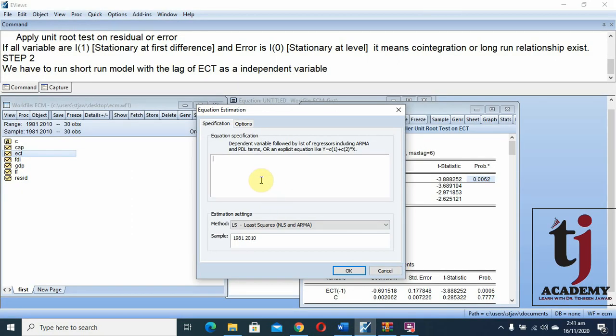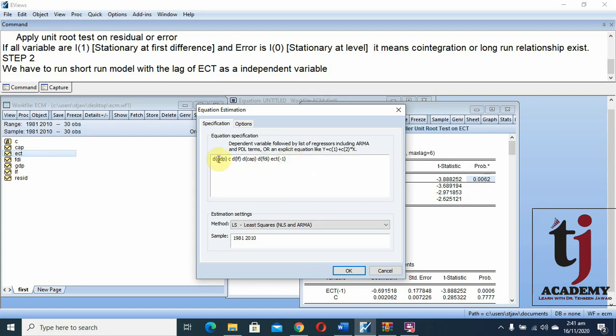So the dependent variable is GDP, so we have to write here d GDP. D shows the change. Constant, d labor force, then d capital, then d FDI, then ECT without D, the error correction term, not the current one but the previous one, the lag of the error correction term, ECT(-1).